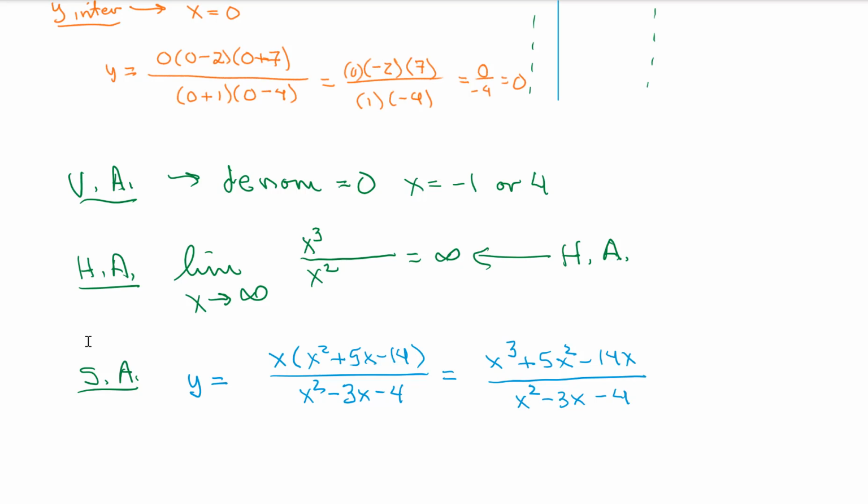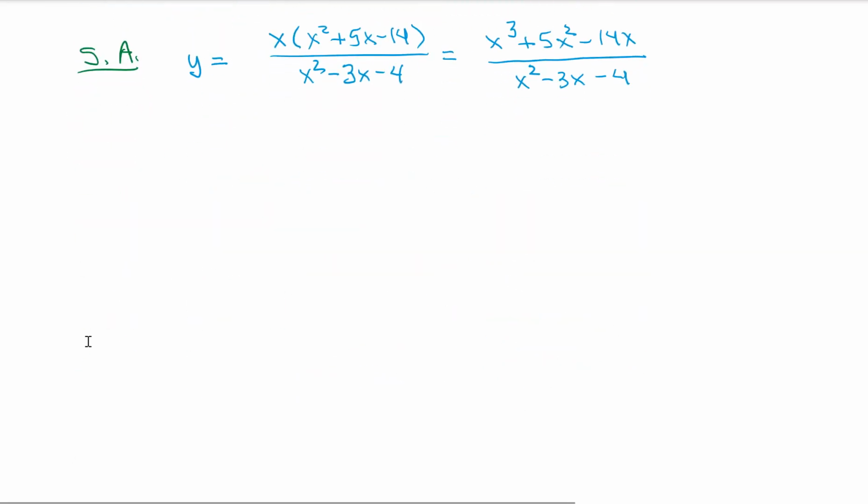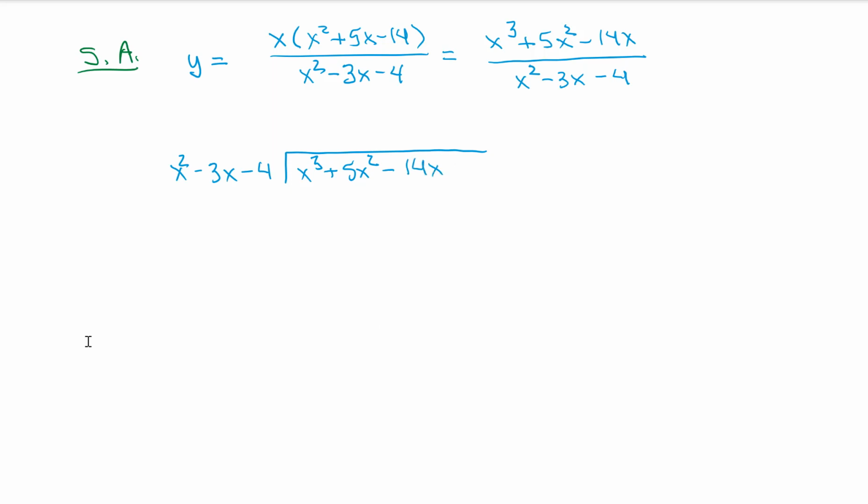All right, so how do we handle this? Well, I'm just going to do the division. I have x squared minus 3x minus 4 divided into x cubed plus 5x squared minus 14x. And remember, this is really plus 0.